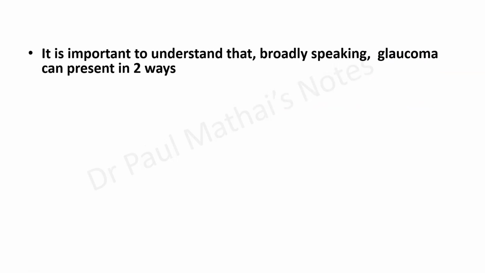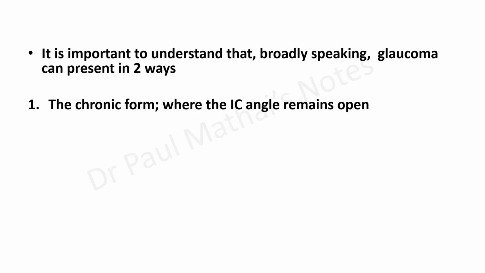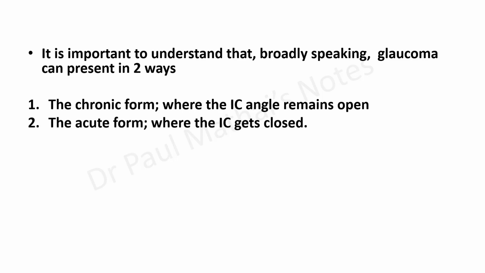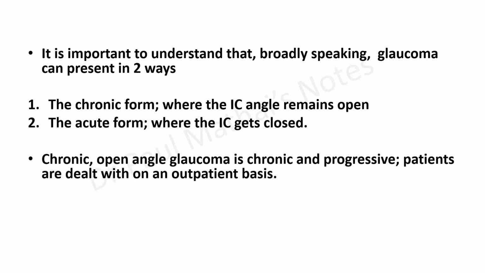Now, we need to understand that broadly speaking, glaucoma can present in two ways. The chronic form, where the iridocorneal angle remains open in general, and the acute form, where the iridocorneal angle gets closed. Chronic open angle glaucoma is chronic and progressive.